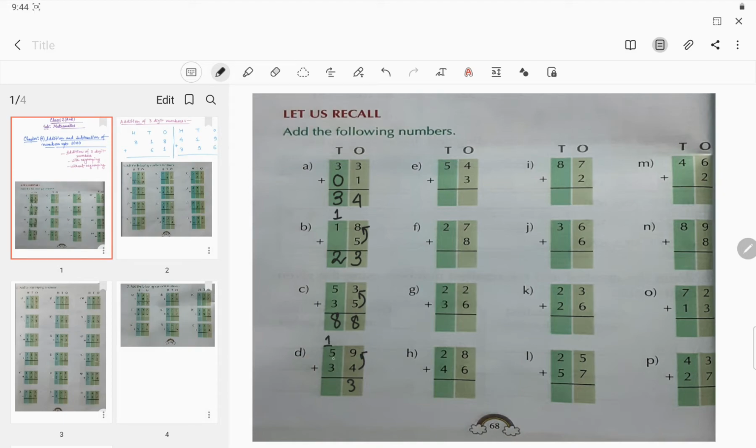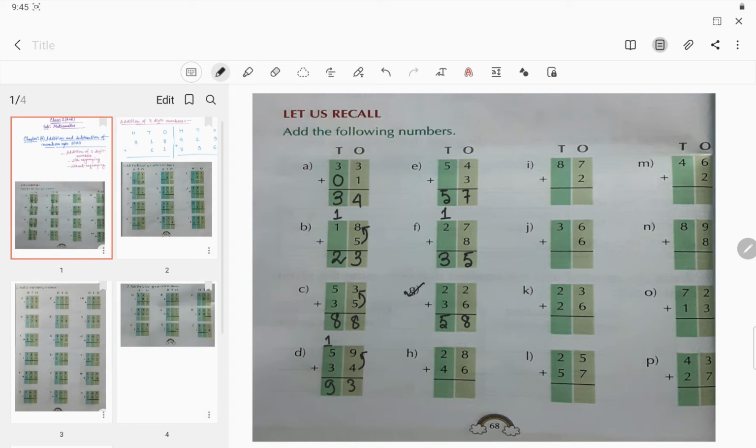Now add 3 plus 5 is 8 and 8 plus 1 is 9. So 93 is the sum. Similarly 4 plus 3 is 7 and it will be 75. For question F, 8 plus 7 is 15, carry over 1, so 2 plus 1 is 3. Similarly 6 plus 2 is 8 and 3 plus 2 is 5.